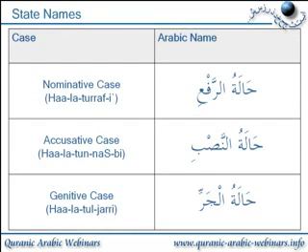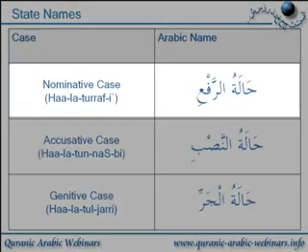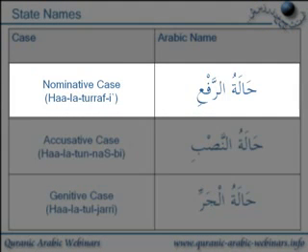Now, although we've got the cases in Arabic, you'll also see some other terminology which we call the state. We've got a word here which is halatu, which really comes from the word hal, which means a state. So if a noun is in the state of, let's say, a nominative case, we will say it's in the state of being nominative.